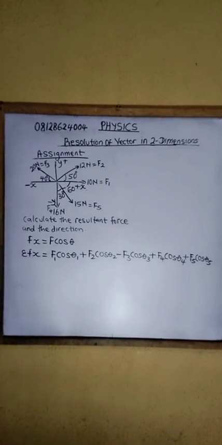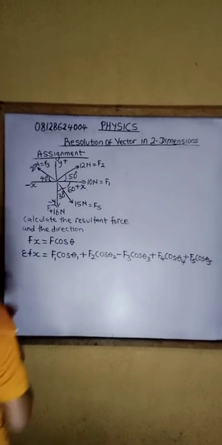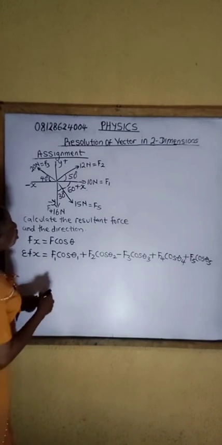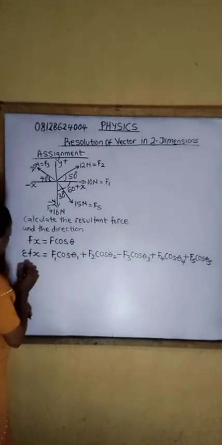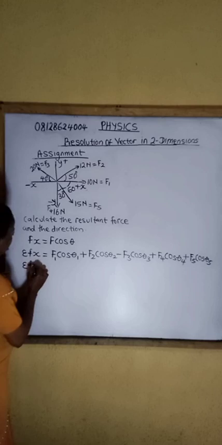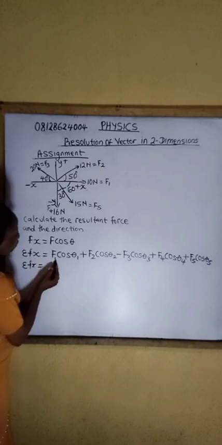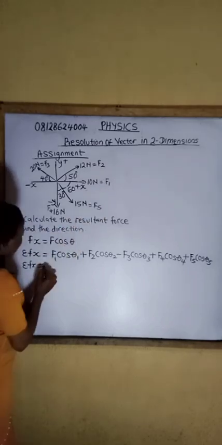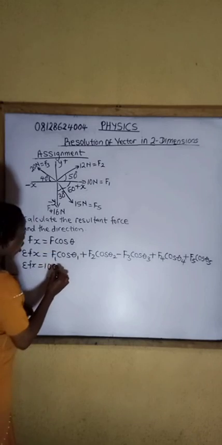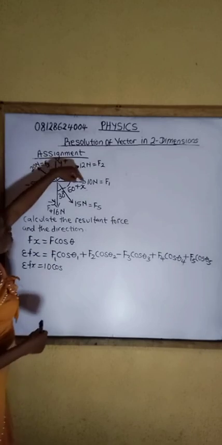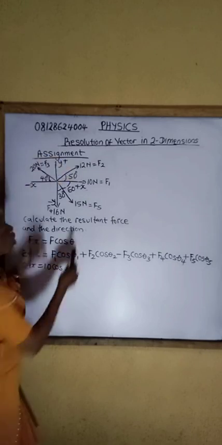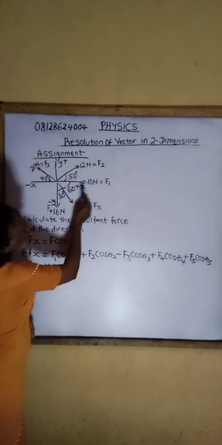So let's start solving now. Let's look for what is our F1. F1 is 10 Newton. So summation Fx equal to our F1, 10 Newton, then cos. Then what is theta 1? Can we see that there is no angle on this horizontal line?